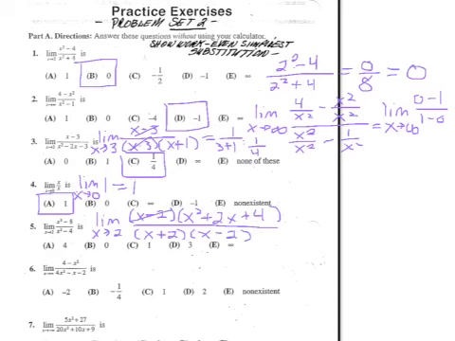So our x minus 2's will cancel out, and we can take 2 now and substitute it in. So we have 2 squared plus 2 times 2 plus 4 all over 2 plus 2. And that will equal 3.